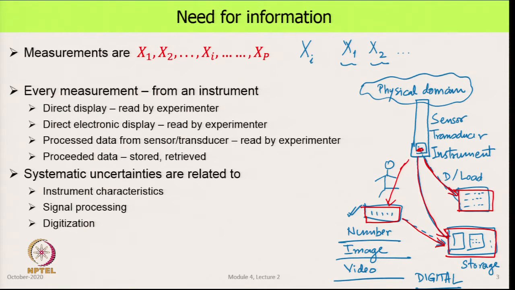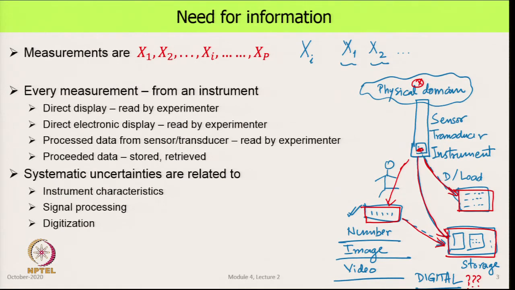So, now what happens is a lot of things are going on which start with the physical domain which had some properties or values, and in the end we are reading something in our final digital format.